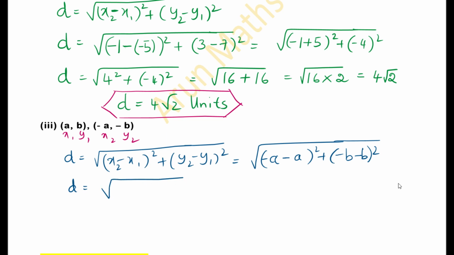Now minus a, when two negative integers are there, what we used to do is to add. In the same way, minus a, if we add we get 2a and put minus sign. Minus a is minus 2a whole square plus minus b is minus 2b whole square.